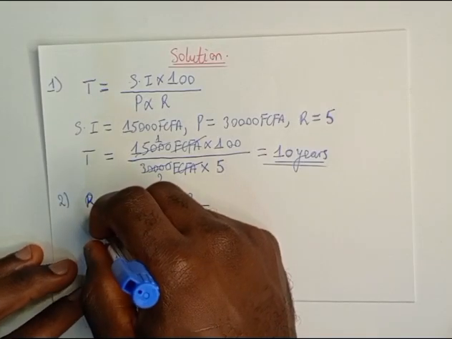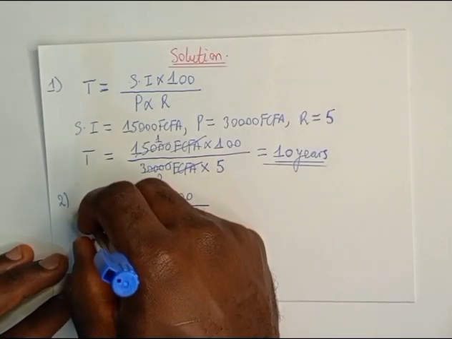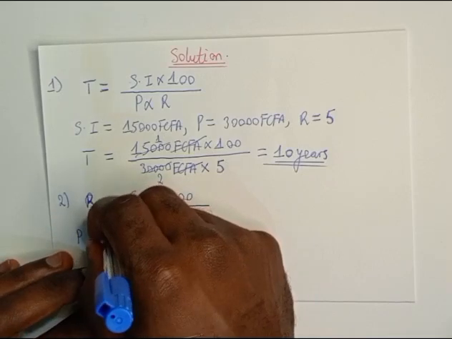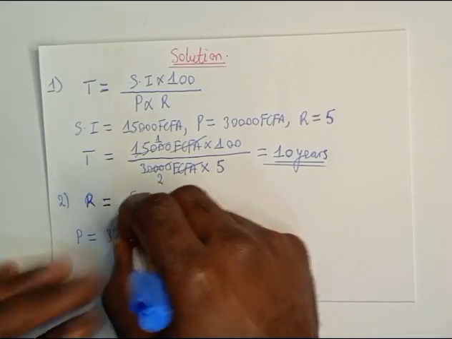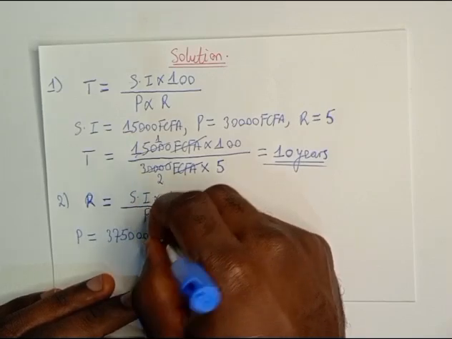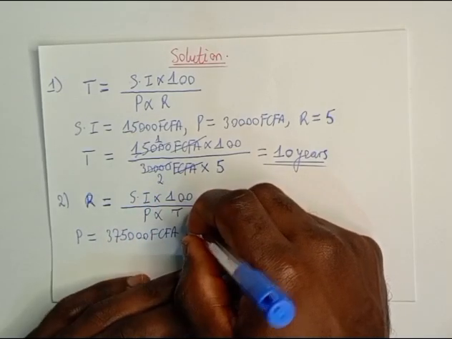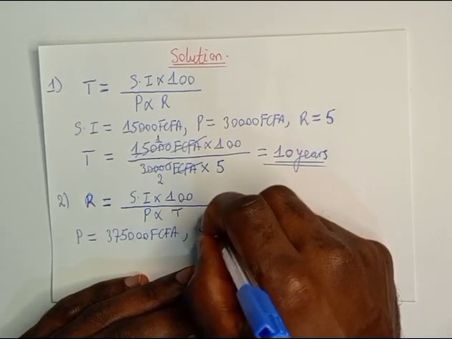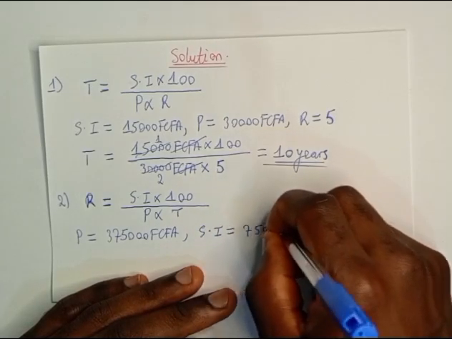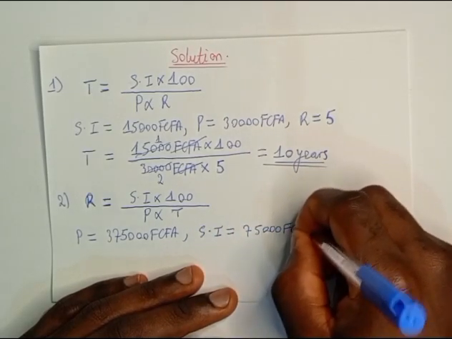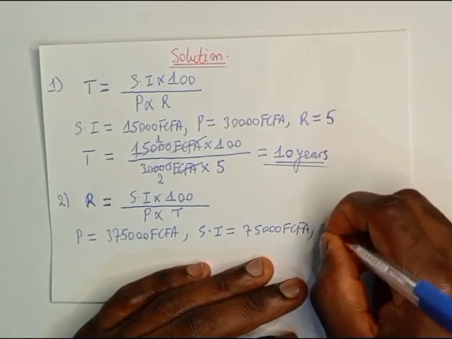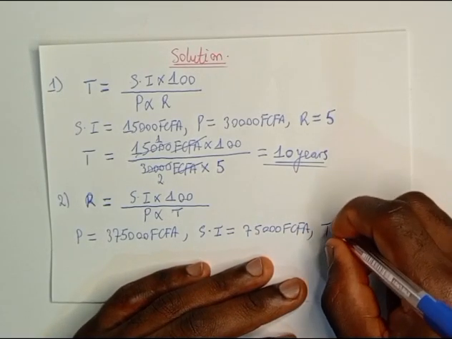From the question, we have been told that the principal is 375,000 francs CFA. The simple interest is equal to 75,000 francs CFA, and the time is equal to 4 years.